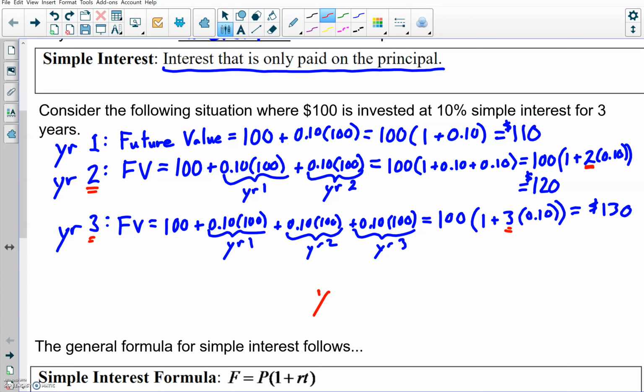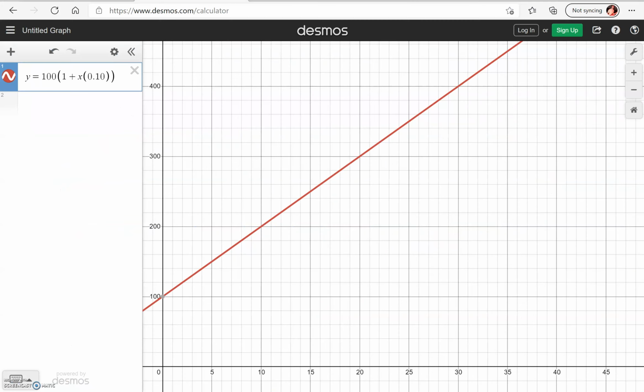So if I did this as a general formula, for year t, we could have 100 times 1 plus 0.10 times t. And if you graph this in Desmos, let me jump over here real quick. You're going to get this line.